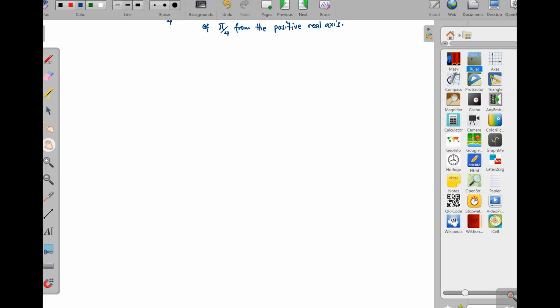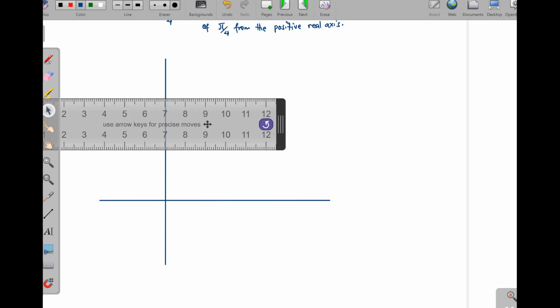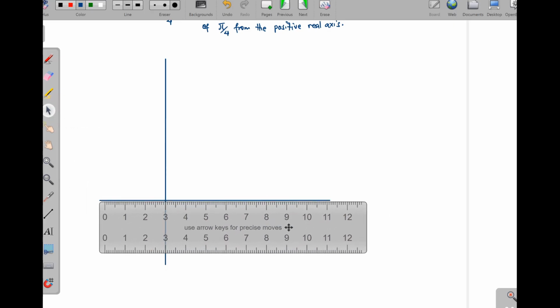Okay, so what we are going to do is to draw the axis here. So I will draw, this is my imaginary axis, and then this is my real axis. Then after drawing them, I'm going to use the ruler here such that I can do the markings here. So this one will help me when I'm drawing the circle such that I draw a perfect one.